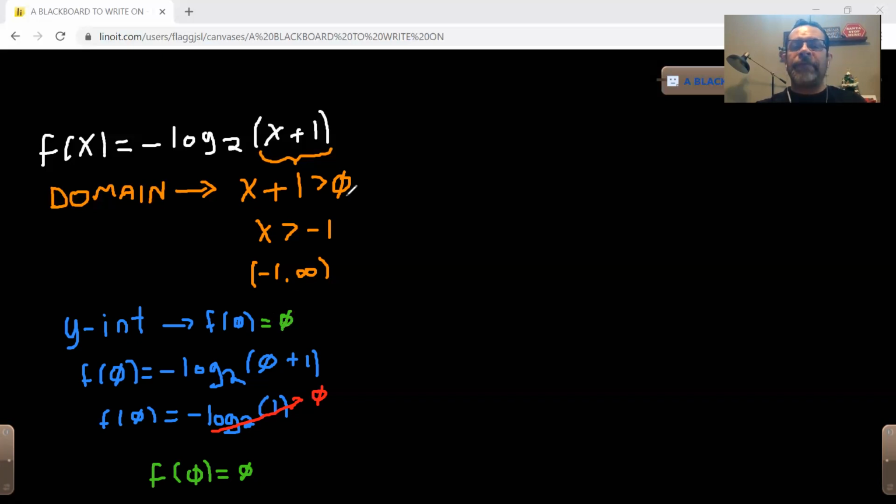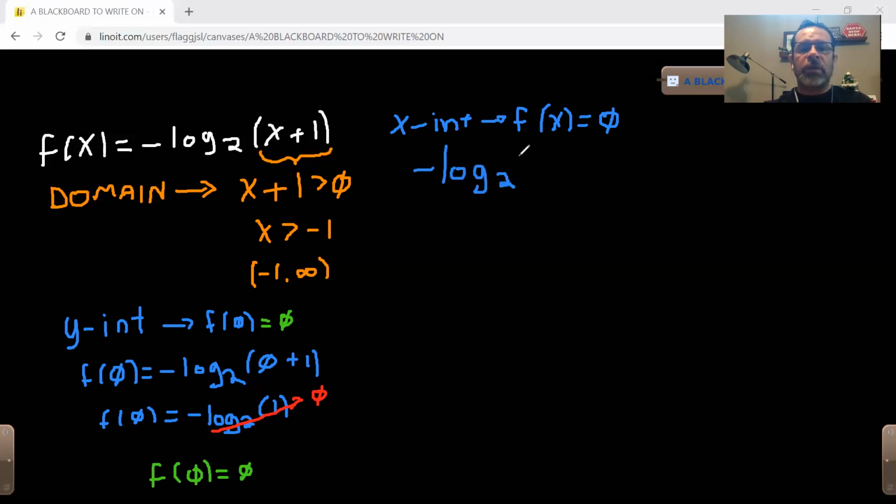Now let's look at the x-intercept. The x-intercept is going to occur for f of x equals 0. So minus logarithm base 2 of x plus 1 is going to be equal to 0.